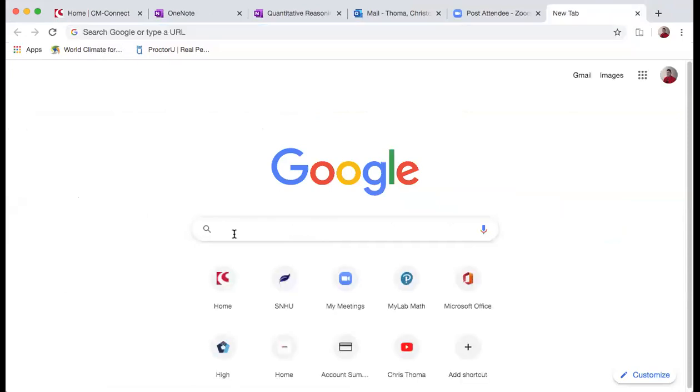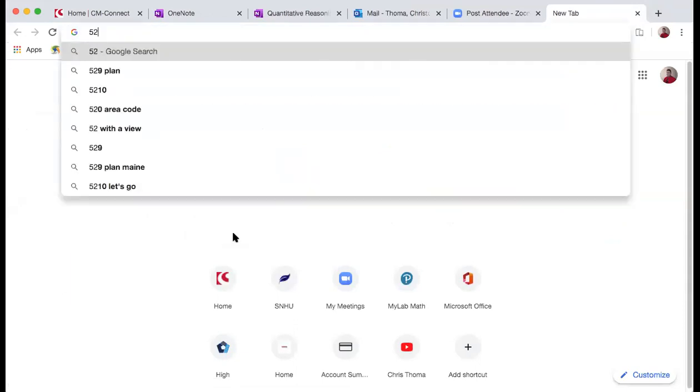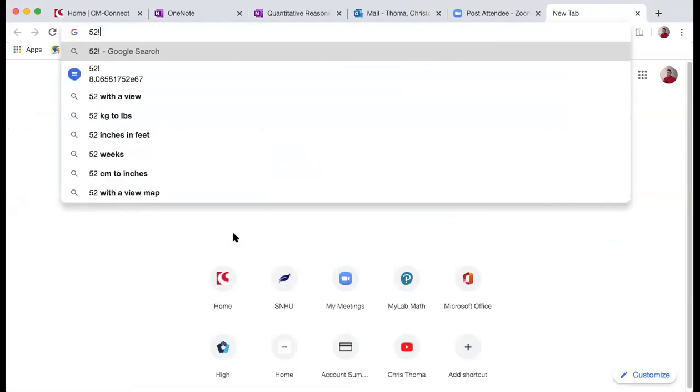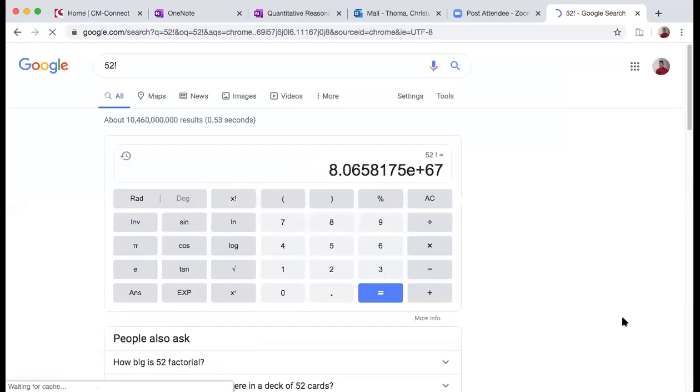Google knows everything. So card deck, right? There's 52 cards in a deck. And I want to see all the different ways I can shuffle them. So every time I shuffle a card, it drops down by 1. So that is 52 factorial, which equals whatever that big old number.